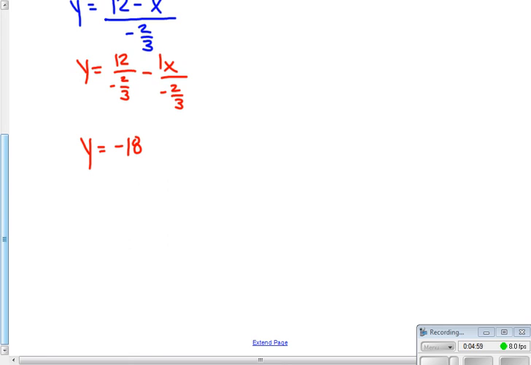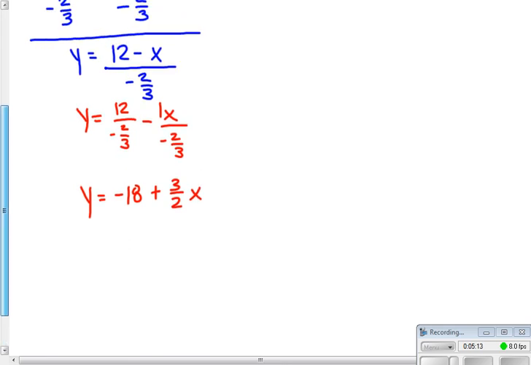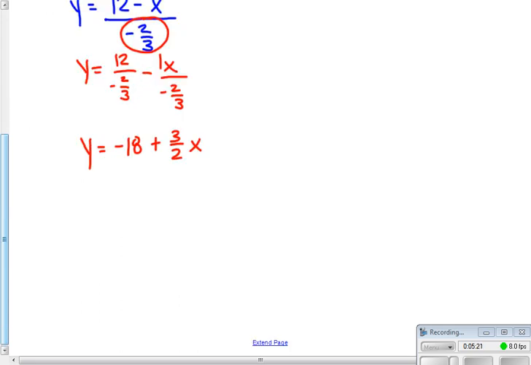So negative 1 divided by negative 2/3, and that would give us a positive 3/2 x. You've now solved for y. Okay? Remember, reminder, we cannot have that denominator as a fraction. You don't have a fraction with a fraction in the denominator. So here is our answer there for question number 7.